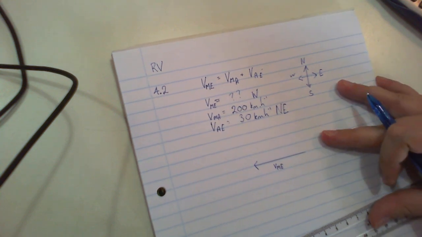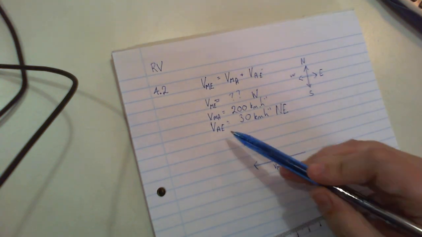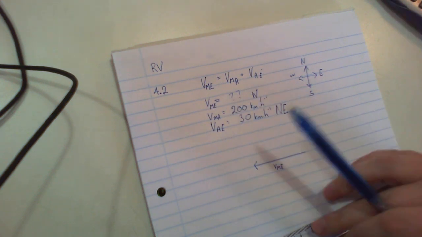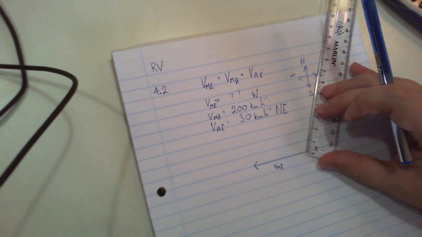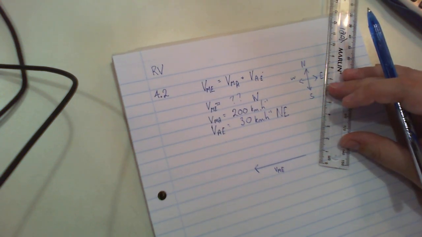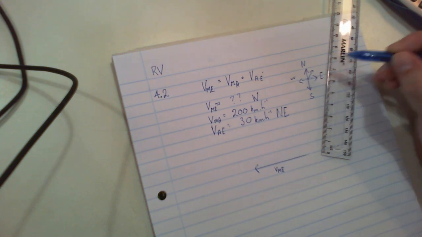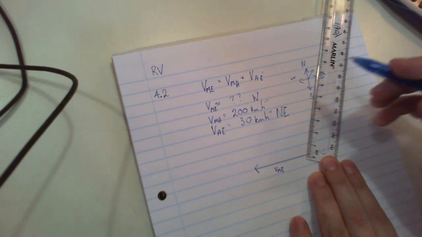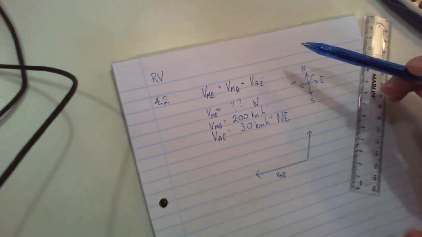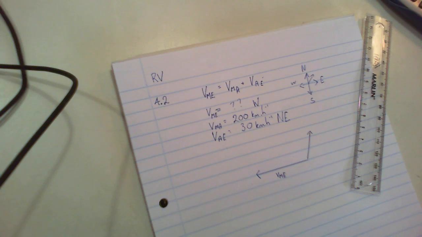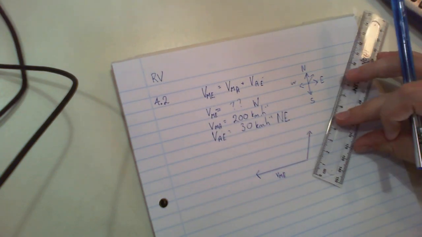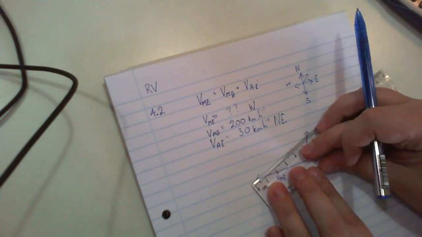Great. The velocity of the air relative to the earth. So what's being added to what? Does this need to be head to tail? No, this needs not to be head to tail. And it's northeast, which is this way, remember? So we've got northeast, close enough, plus the velocity of the airplane relative to the air. Do we know that size? No, we don't. Do we know the direction?